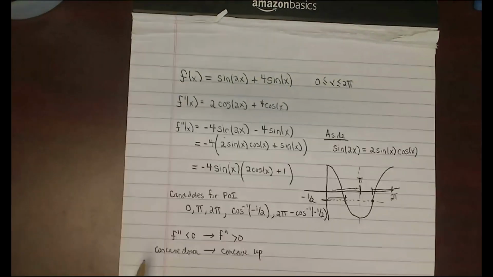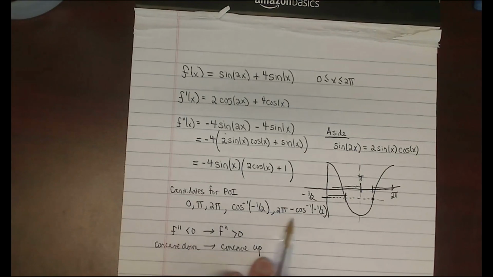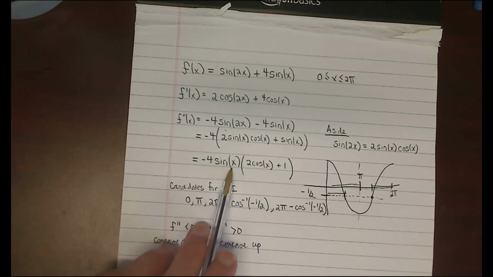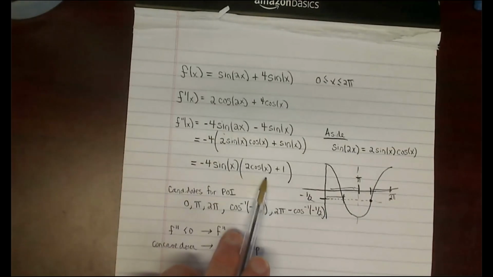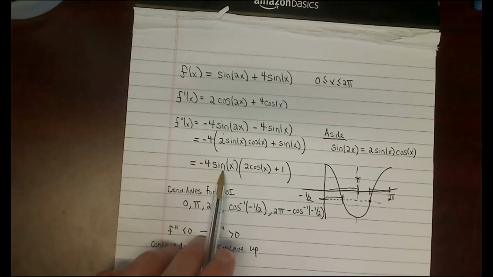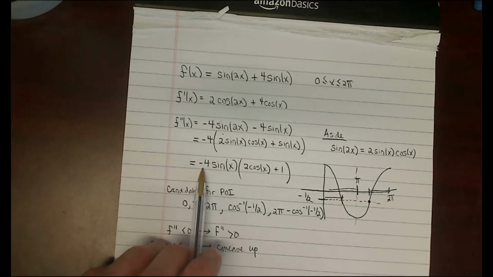And we have a couple candidates here. We have 0, then comes the inverse cosine of minus 1/2, then comes pi, then comes this one, then 2 pi. We have to look at this function and ask ourselves, well, around 0, 2 cosine x plus 1 is positive, and sine is also positive as I increase from 0, but the factor of minus 4 makes it negative overall.